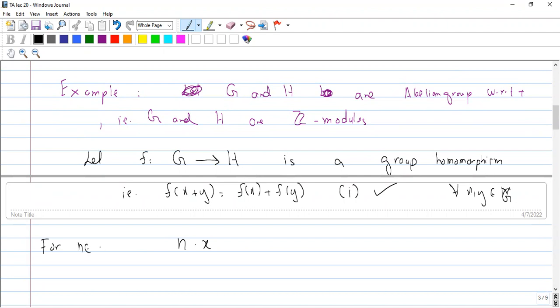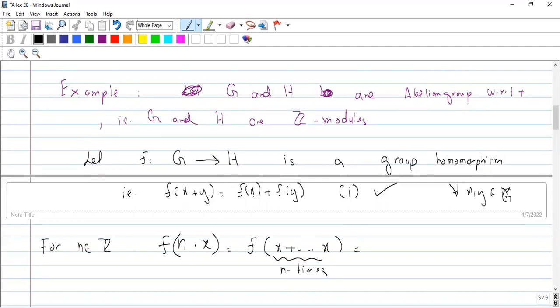So for n in Z, if I take f of nx, how does nx act? It is x added n times. Whenever we consider an abelian group as a Z module, an integer n acts on x in this way.